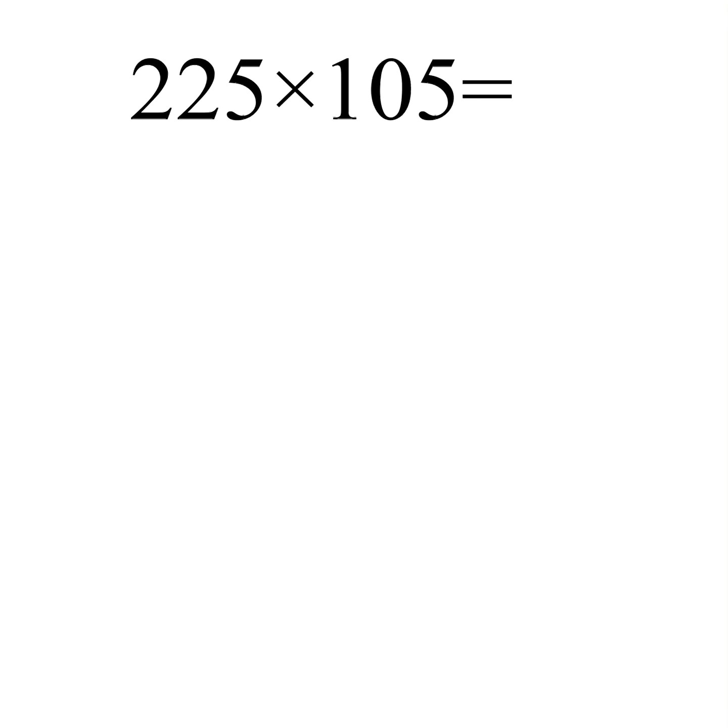Our next example is a bit harder. Here again, we first multiply 5 into 5, which is 25. And we take the numbers preceding the 5s, which here are 22 and 10.